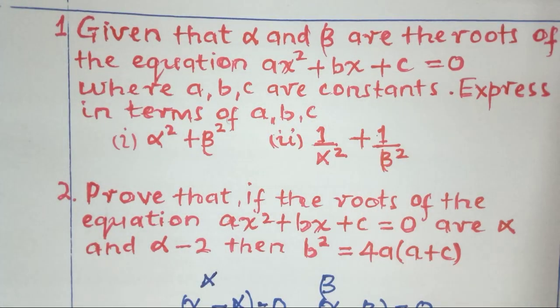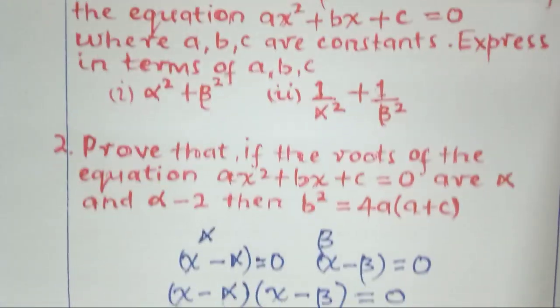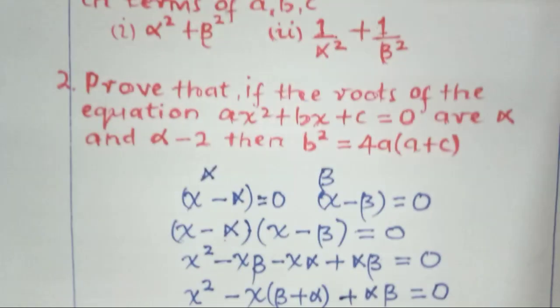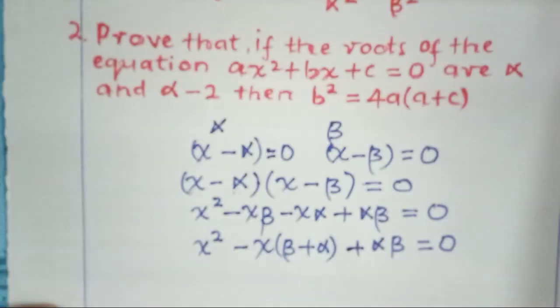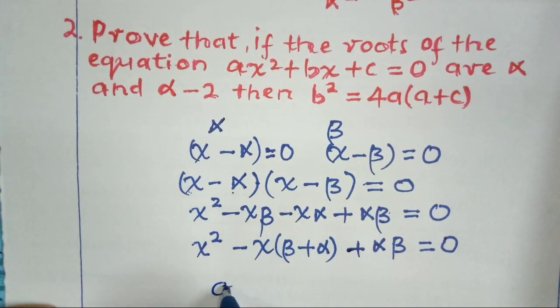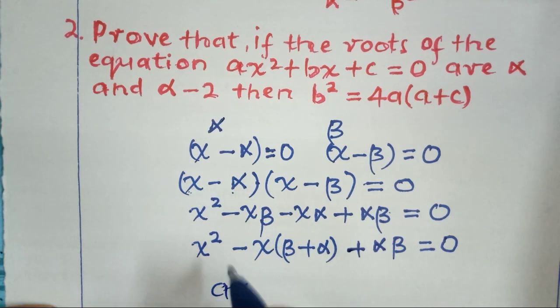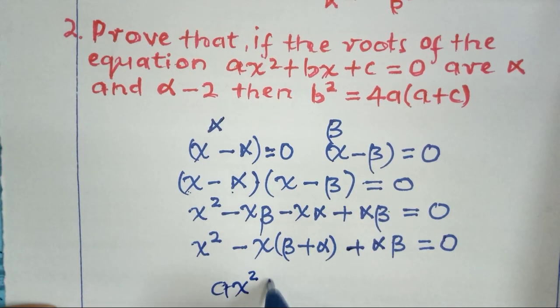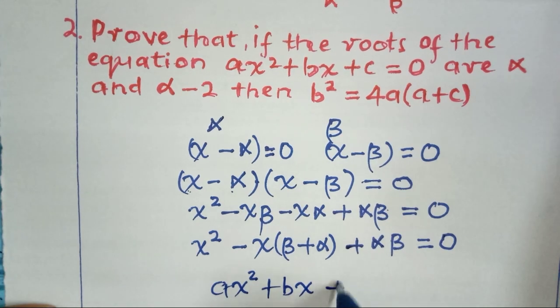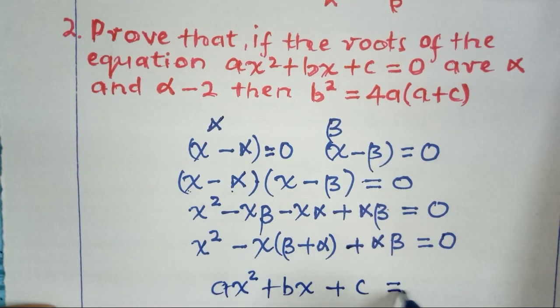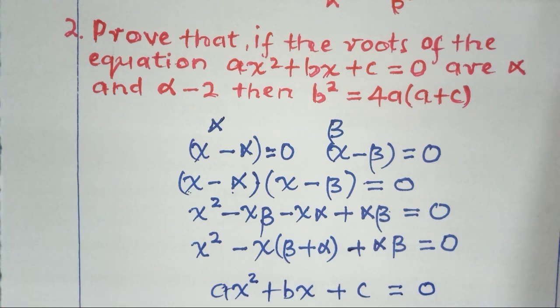So I write that equation down and we compare it with what we have found: ax squared plus bx plus c equals 0.